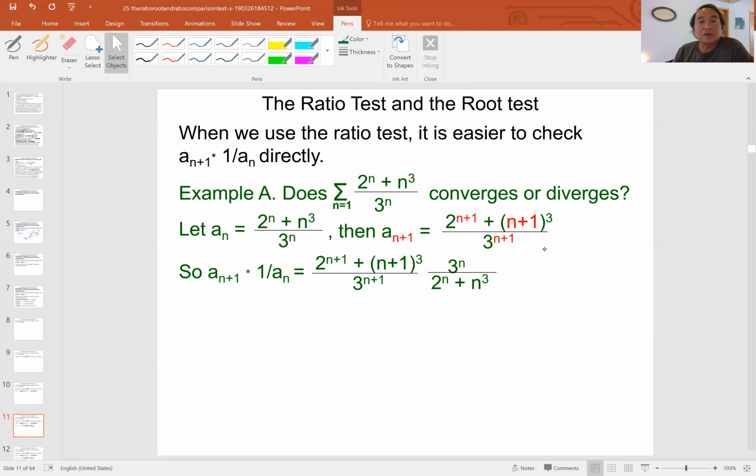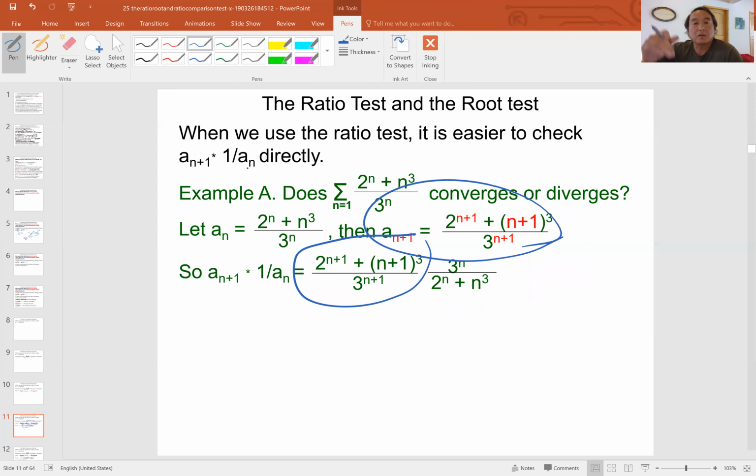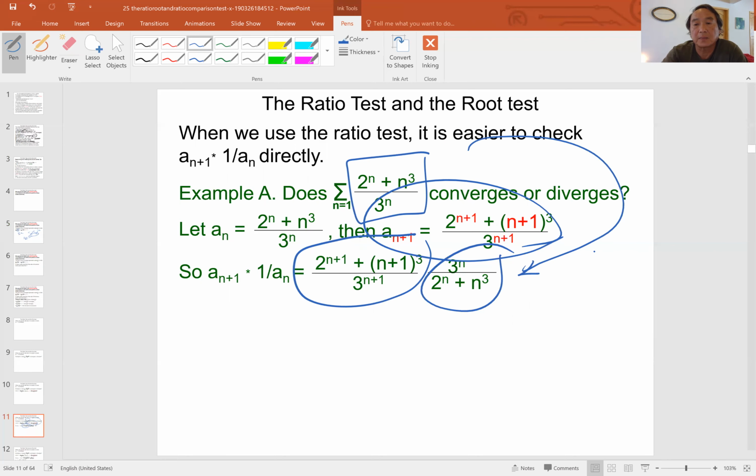For the algebra, usually what you can do is write down what the a_(n+1) term is. It's right here. And then instead of writing it divided by a_n, we just flip a_n over. So actually reciprocate these, flip and multiply.